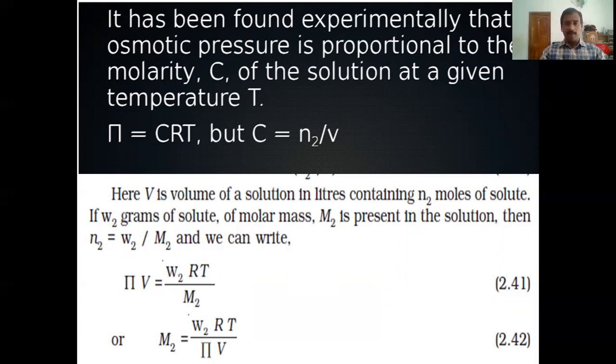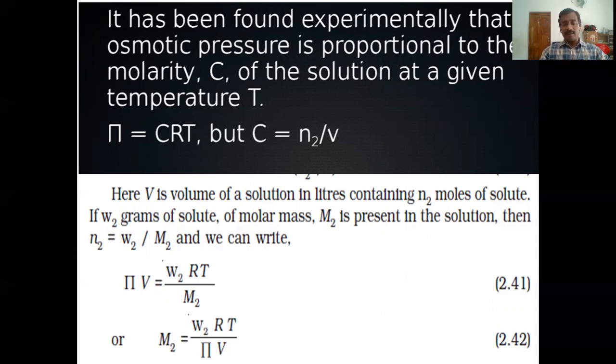So we can apply the same equation here. Instead of P, what do we have to use? Pi. Pi V is equal to nRT, where pi is osmotic pressure, V is the volume of the solution in liters, n is the number of moles of solute, R is the universal gas constant, and T is temperature.